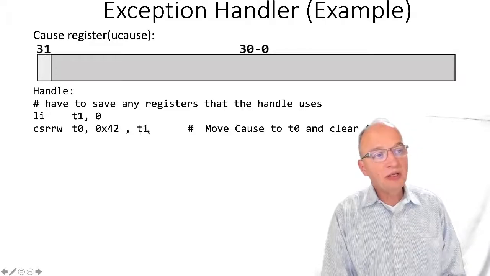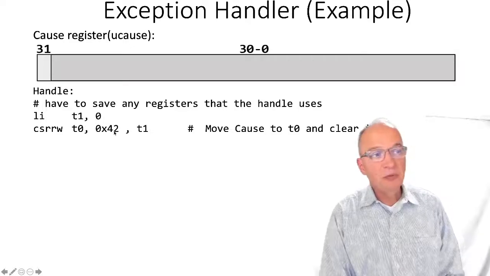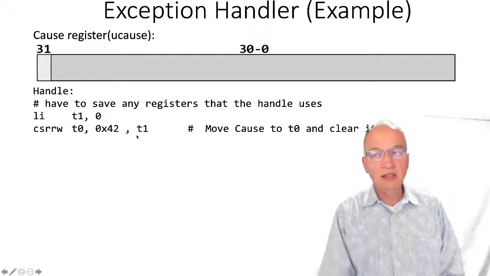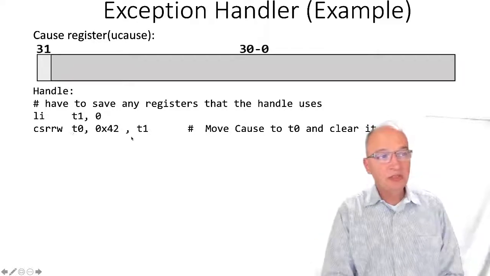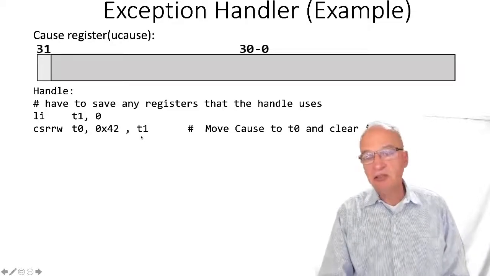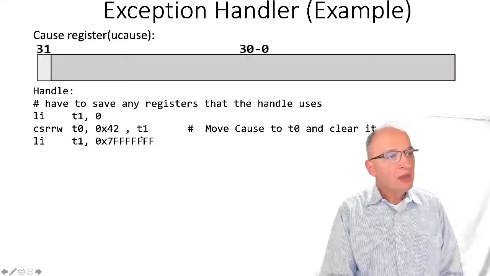And it is going to take the value that's currently in T1, which is 0, and put it into that control register. The effect of this is that I take the cause out of the cause register, copy that into T0, and I make the cause register equal 0. That's what we call clearing the cause.